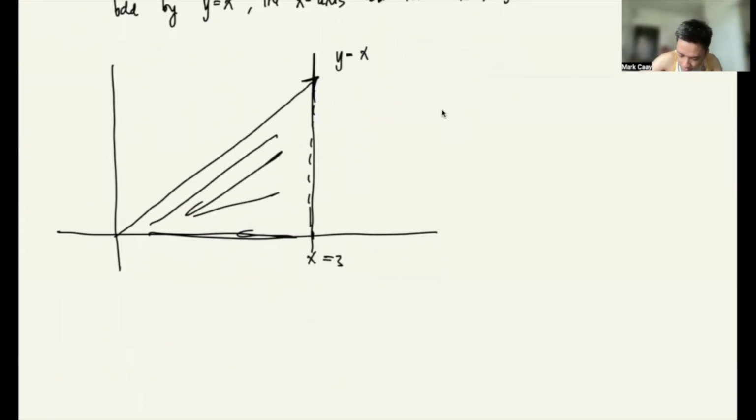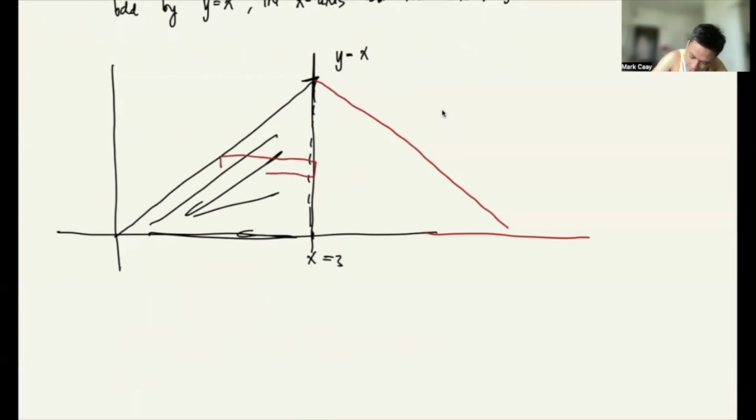So, the region will be formed like this. Ganyan. So, yung kanina, pag ganon, yung rectangle natin nakatayo. So, dito, pag ganon, nakahiga na si rectangle. So, dahil nakahiga na si rectangle, yung width natin is with respect to this. So, expectedly, meron tayong delta y sub i, hindi na x sub i.